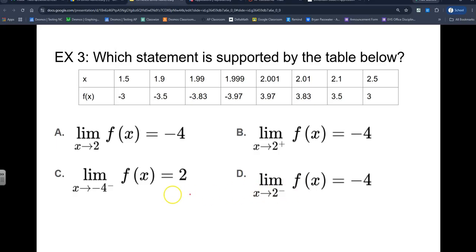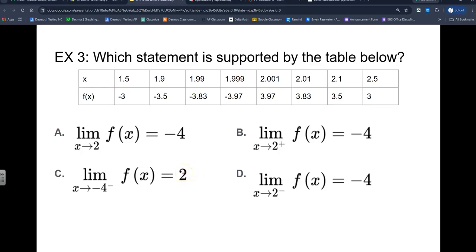So, I noticed that I've got x approaches 2 from the right, x approaches 2 from the left. Most of these deal with 2. This one right here says x approaches -4. Now, when I look at my x values, I'm looking at the table, and I only see values from 1.5 to 2.5. Am I going to be able to tell anything about what's happening when x is -4 right here? No. So, what they're trying to do is trick you because the answer is 2 over here.